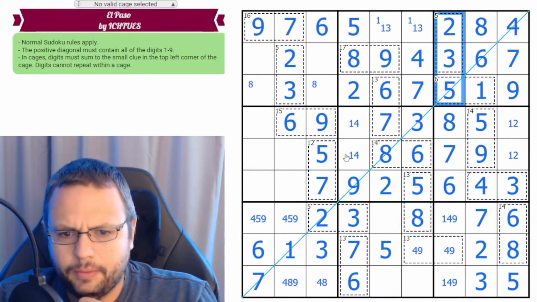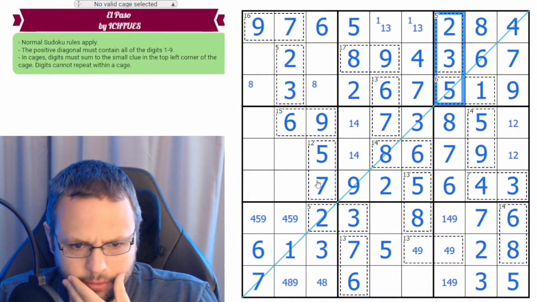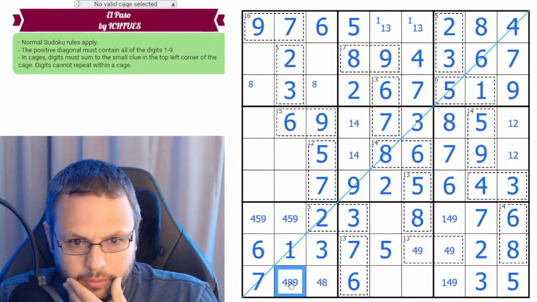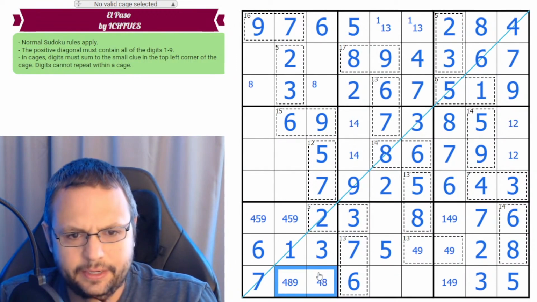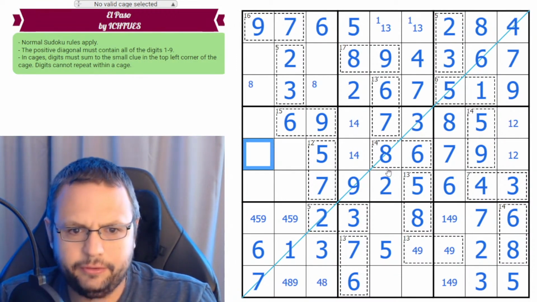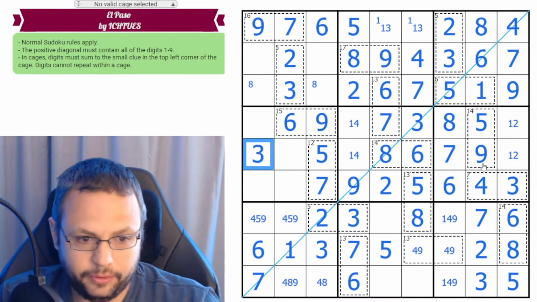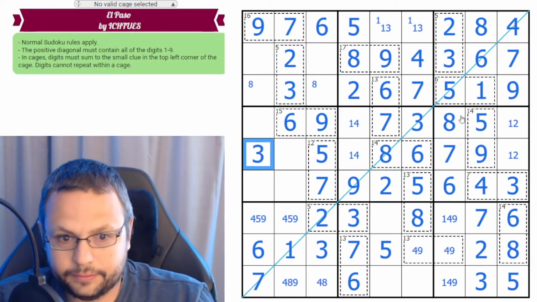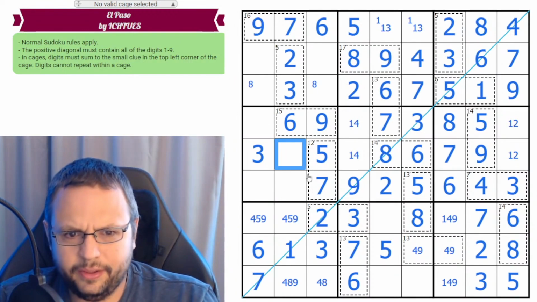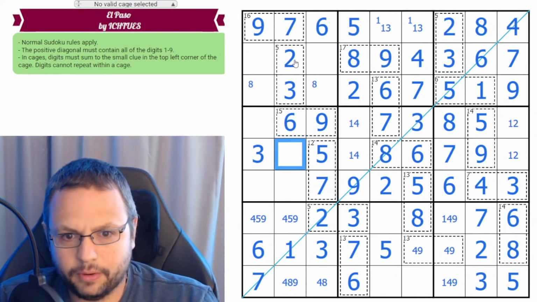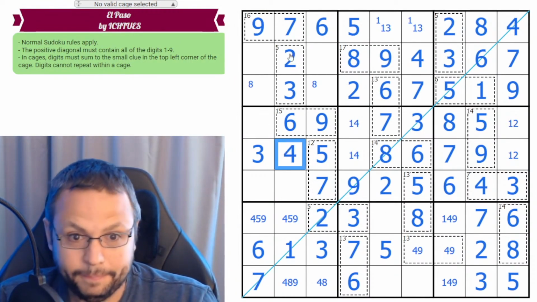Let's see. Now we've got all manner of things going on. One of these is an 8. I don't honestly know which yet, but I do see that I can place a 3 here by Sudoku. So this cell is a 1, a 2, or a 4, but it's not a 1 or a 2, so it's a 4.